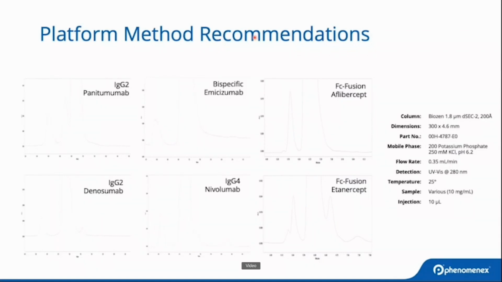So here we see good performance for a wide variety of different monoclonal antibodies, including different isotypes, Fc fusions, and a bispecific seen here, which has a very small amount of aggregate present.